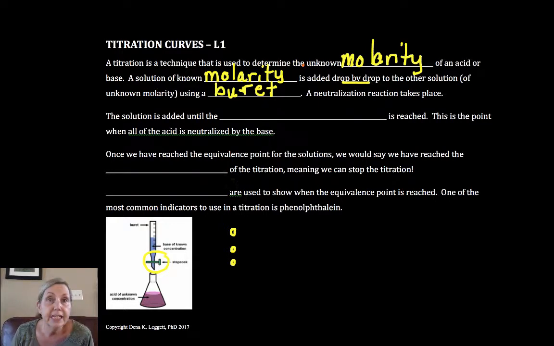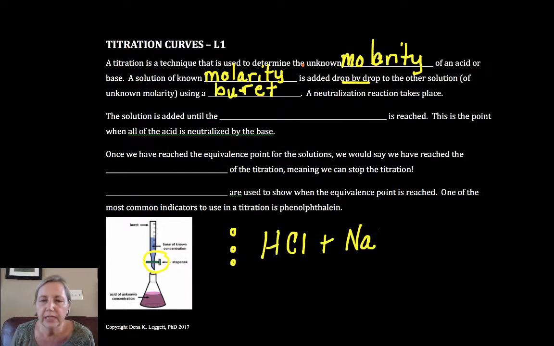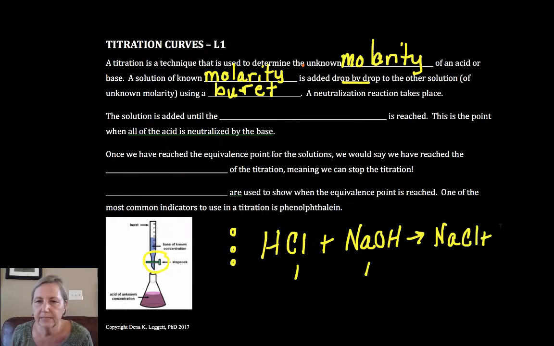And a neutralization reaction occurs. So for example, we could take HCl of an unknown molarity and slowly add NaOH until we had a 1-to-1 mole ratio of these. At that point, we've converted everything to salt and water, a neutralization reaction.